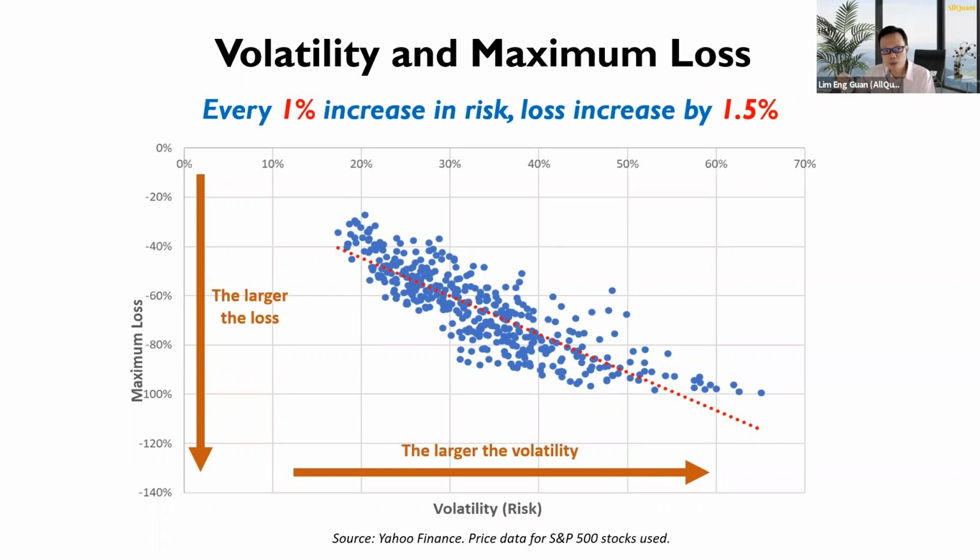Every single dot here represents a component stock within the S&P 500 index. And if you fit a straight line through all these points, you can see a pretty strong relation. As an estimate, based on the data here, for every 1% increase in volatility or risk, the maximum loss gets larger by about 1.5%.